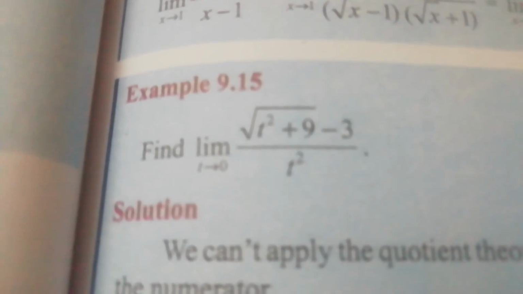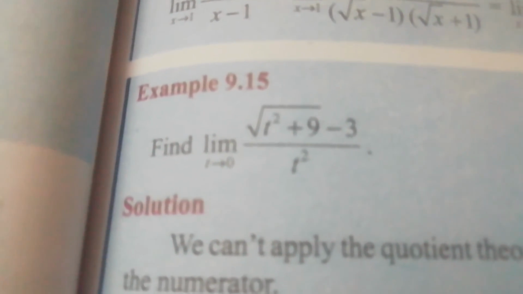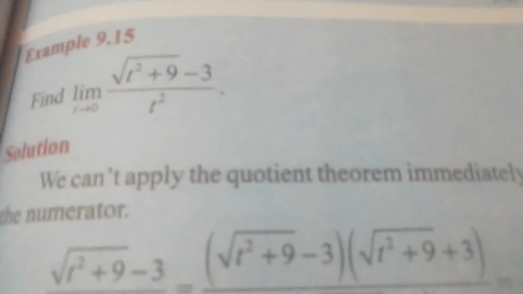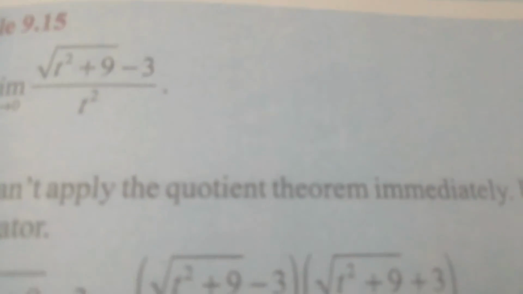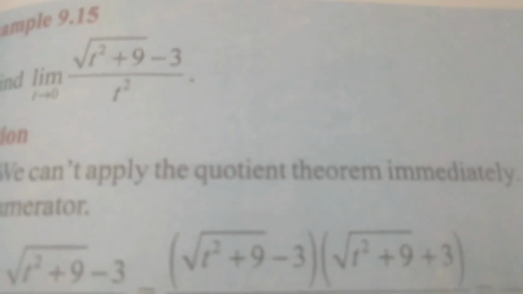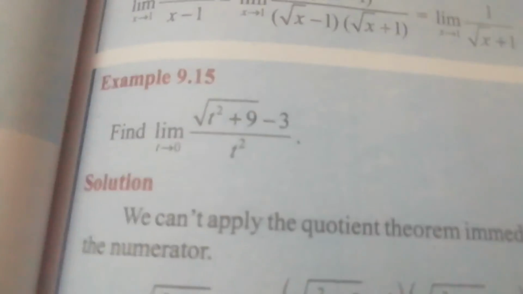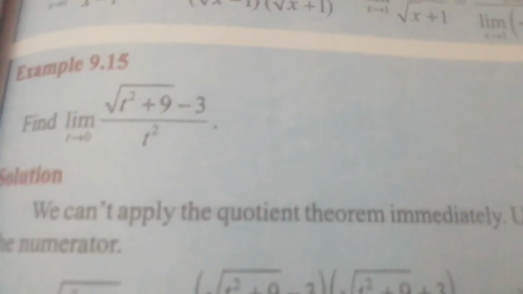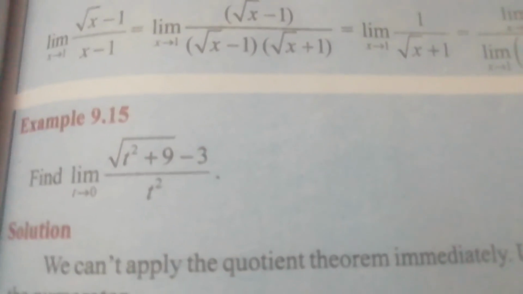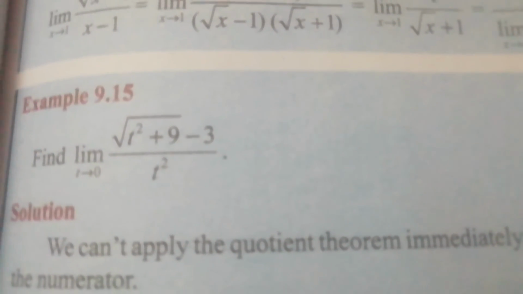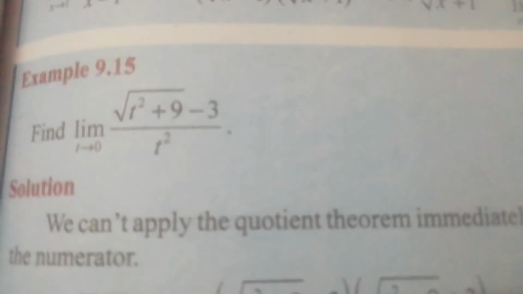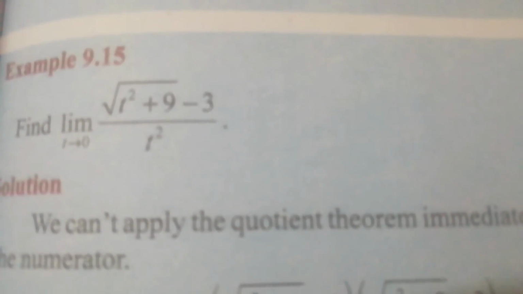Limit t tends to 0 of root of (t square plus 9) minus 3, divided by t square. We cannot apply the quotient theorem. What is the reason? Put t equal to 0: 0 square plus 9 is root 9, root 9 means 3 only.